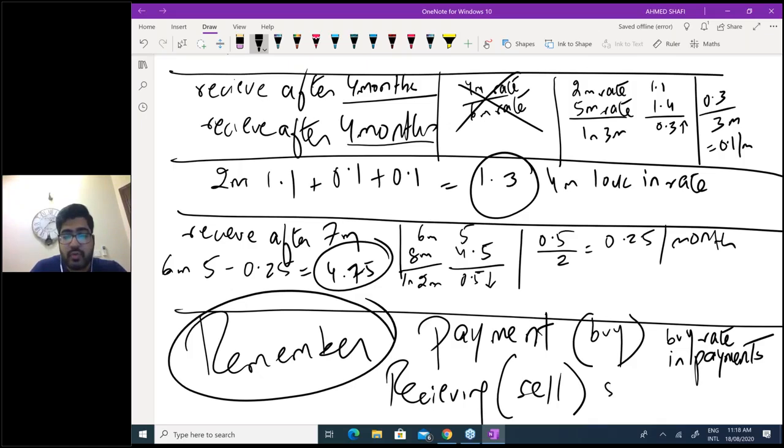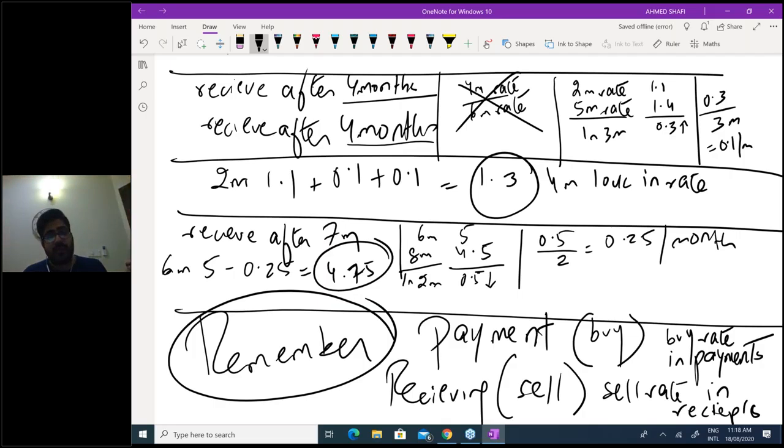So you always use the sell rate in receipts. People say this is something like rote learning, that in payment you use the buying rate, in receipts use the selling rate. No, it's not rote learning, it's logic. When you have to pay $1,000 to someone, you need to go to the money changer or bank and buy the currency. Always use the buying rate in payments. But when you receive $1,000 from someone, you always have to go and sell it to the money changer. So always use the selling rate in receipts.